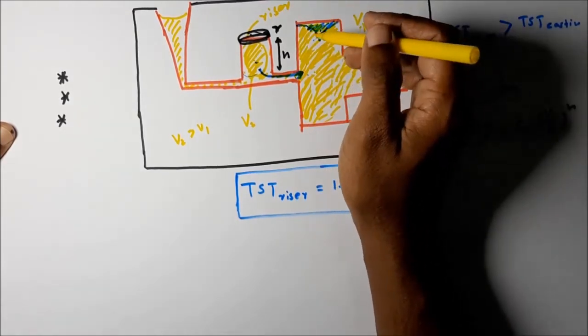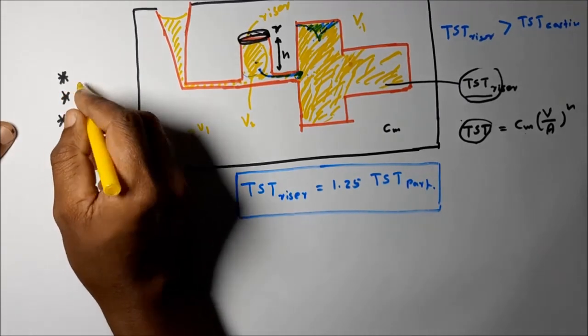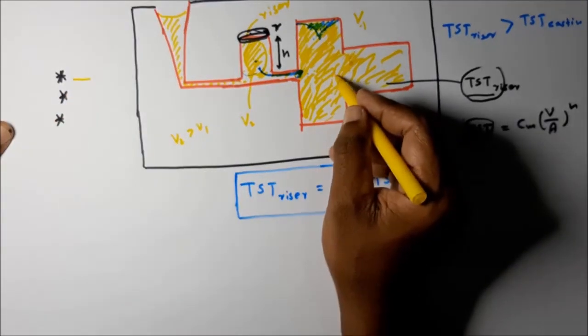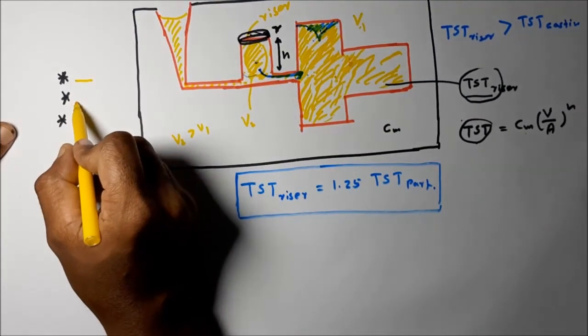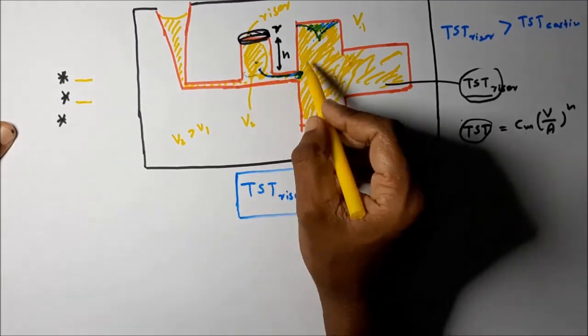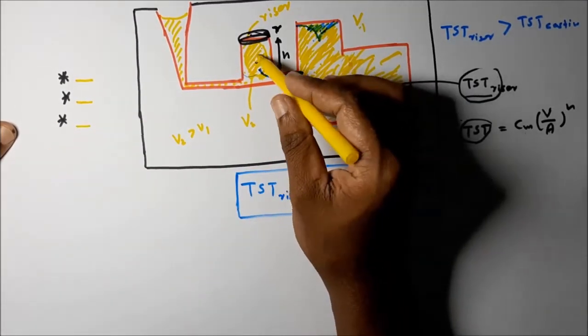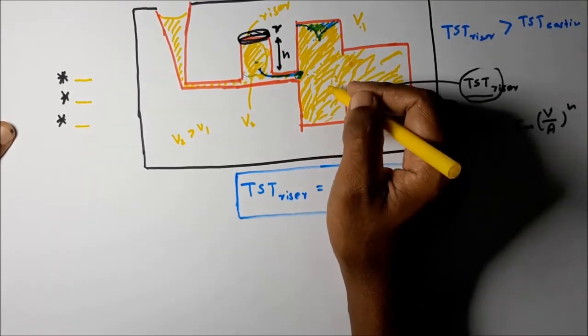There are three considerations. What are these three? I will explain again. Riser solidification time should be greater than part solidification time. Second consideration, it should be placed closer to the heavy mass area of the part. Third consideration, the riser should be able to feed enough molten metal to compensate the lack of volume in solidification.